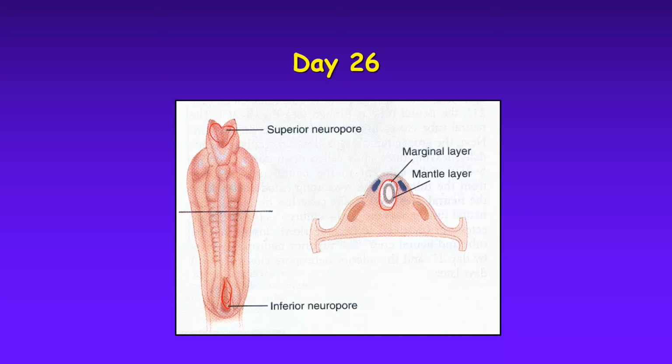The mantle layer becomes the gray matter. That mantle layer is going to further divide into the motor plate and sensory plate, or the basal plate and association plate, okay? The gray matter. The white matter, the axons, are the marginal layer. So all the white matter in your spinal cord is coming from the marginal layer.